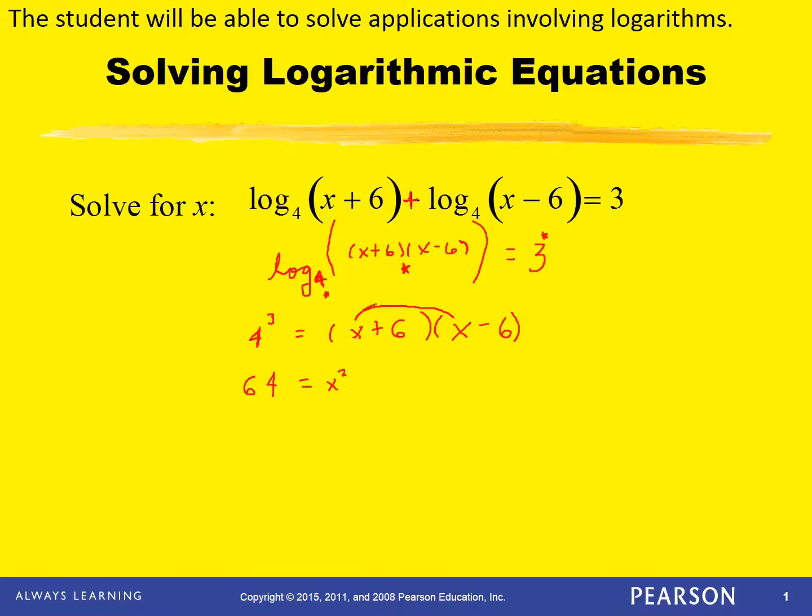So foiling, we have x squared minus 6x plus 6x minus 36, and of course the 6x's cancel, so 64 is equal to x squared minus 36.